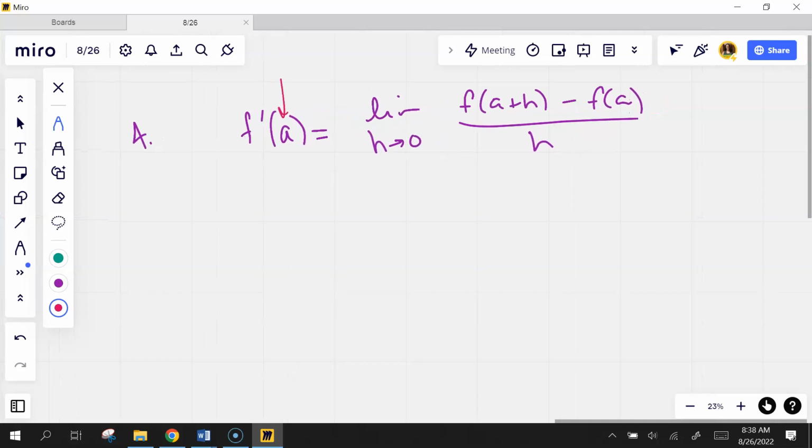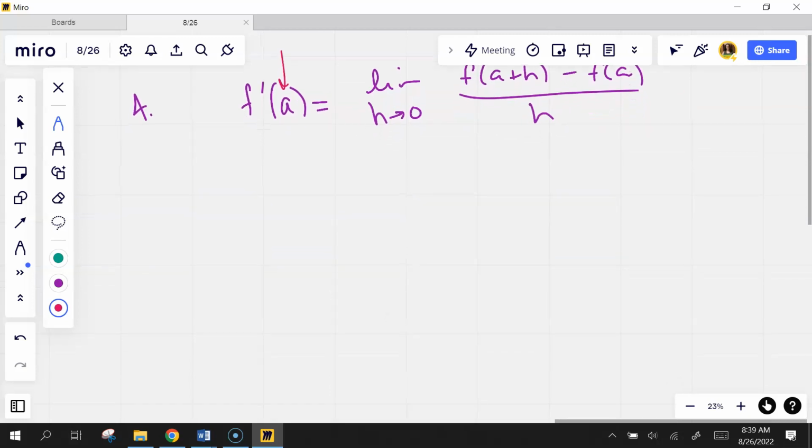Okay. It says to use that definition to find the derivative of the given function at the given value of A. So it's f of x equals x cubed plus x when A equals 0. You've already done this.